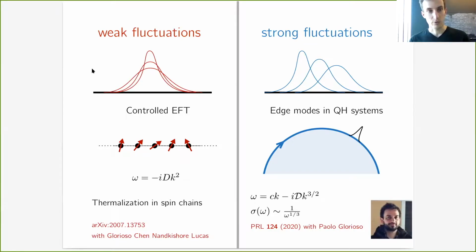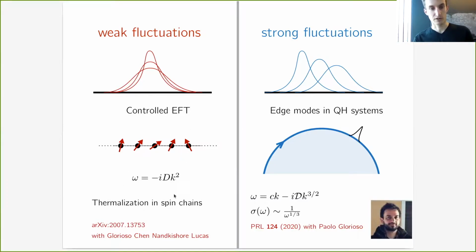What I mean by weak is that in many contexts, interactions between hydrodynamic modes, or nonlinearities, are irrelevant, so that they lead to only small corrections to the late time physics. And when that happens, we have a systematic framework called fluctuating hydrodynamics, which is kind of like an effective field theory to make predictions, to look for systematic corrections to the leading behavior.